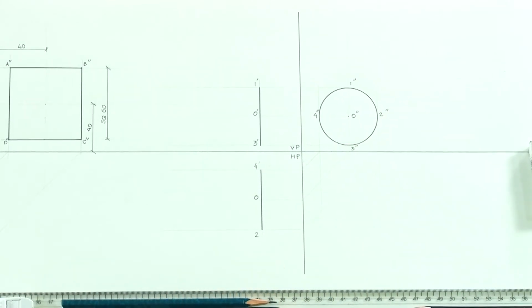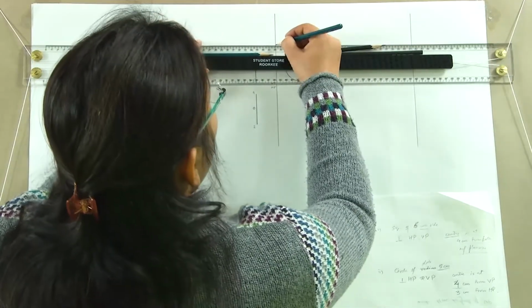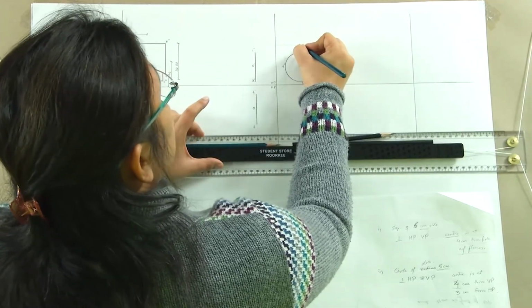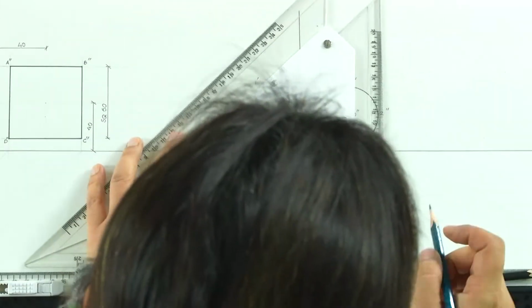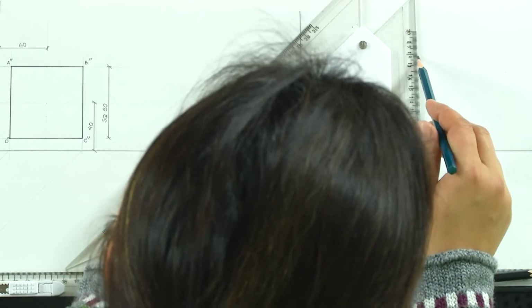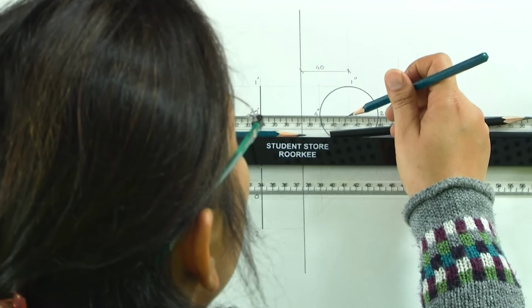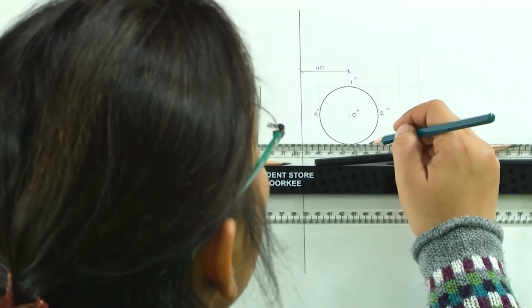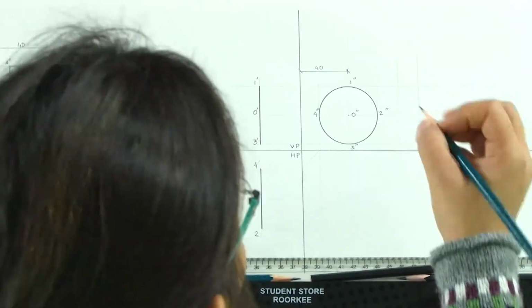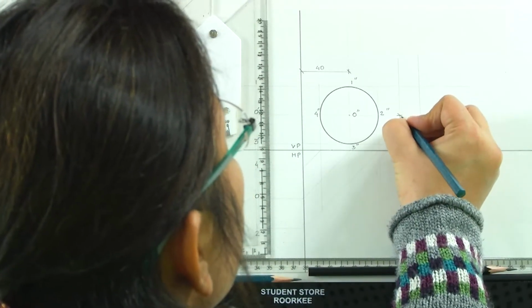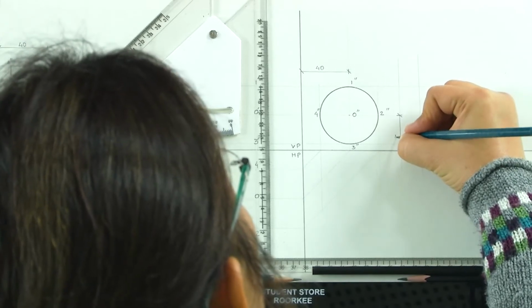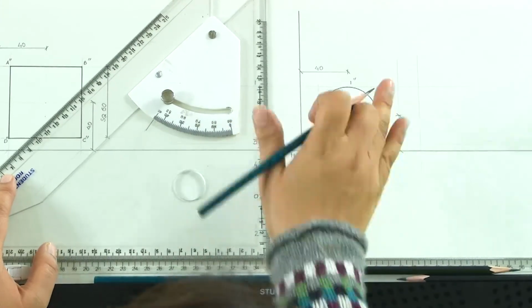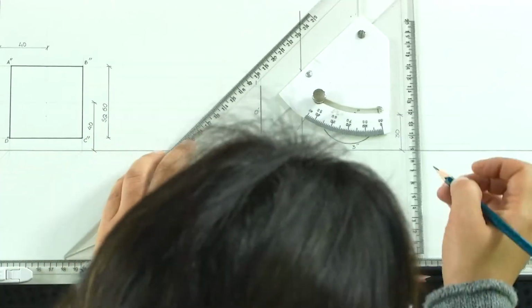What is the dimension to be mentioned? We have 4 centimeter from VP, so we have it here, which is 4 centimeters from VP, 3 centimeter from HP, so this is 3 centimeter from HP, and the diameter of the circle is 5 centimeters.